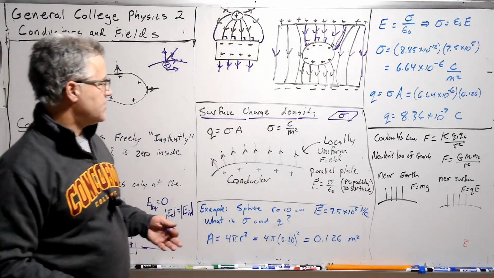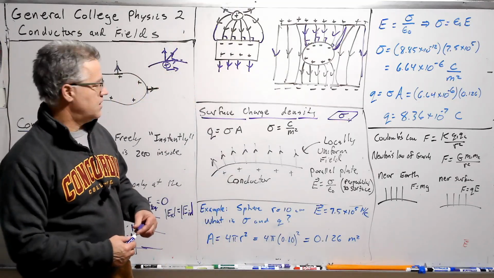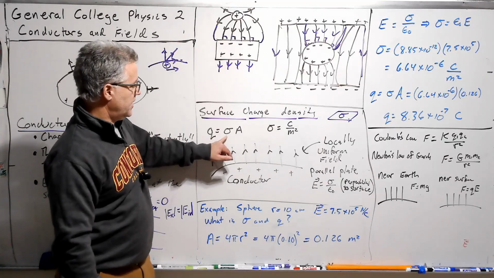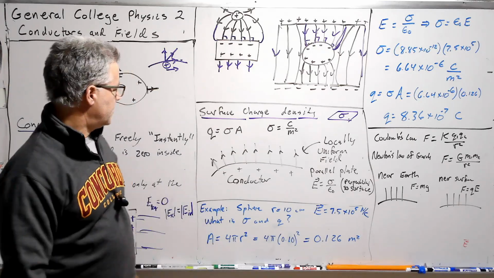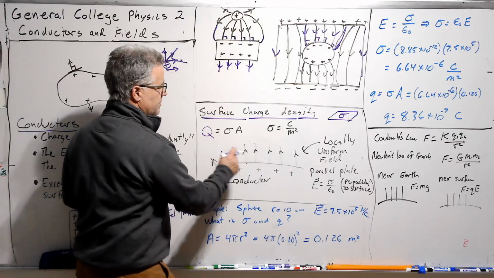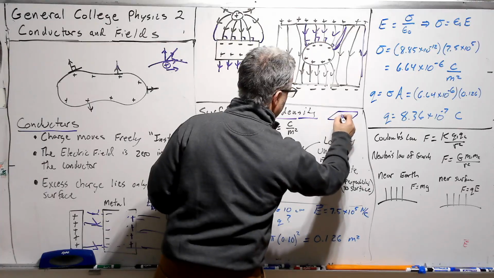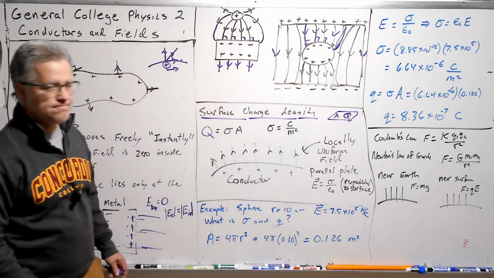So that's going to be coulombs per square meter, so that we get the total charge if we just take the surface charge density times the area. So this should probably be a big Q. I'll make that a big Q to match with the parallel plate. We had a big Q on here, right, for a given area.